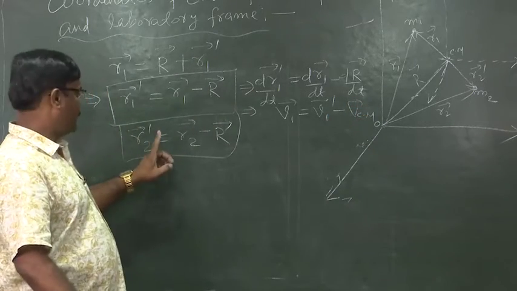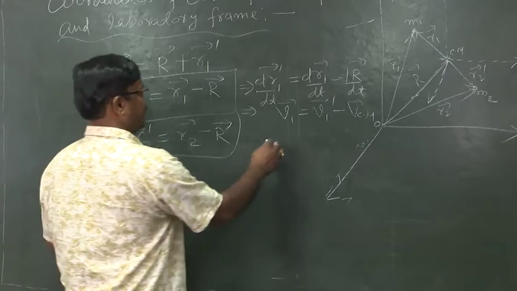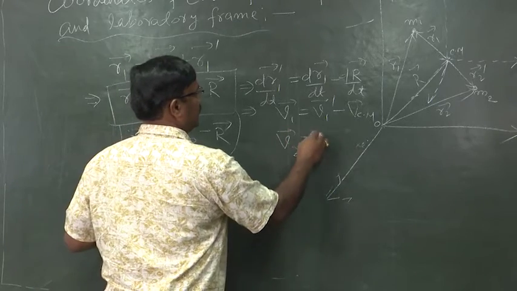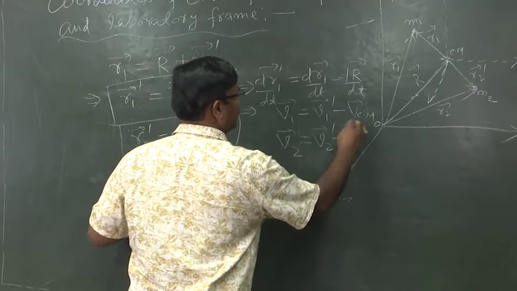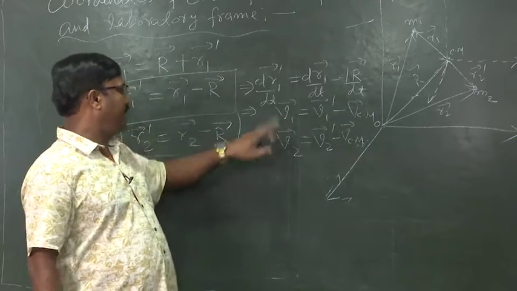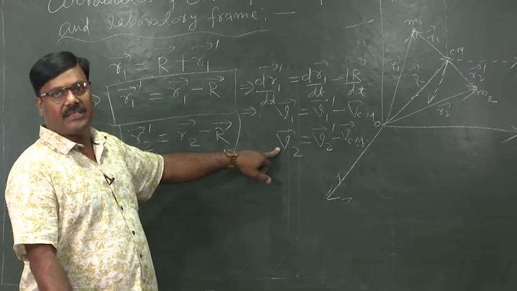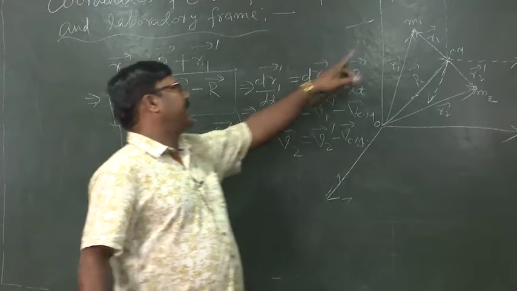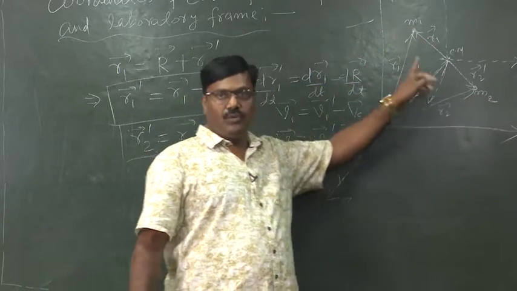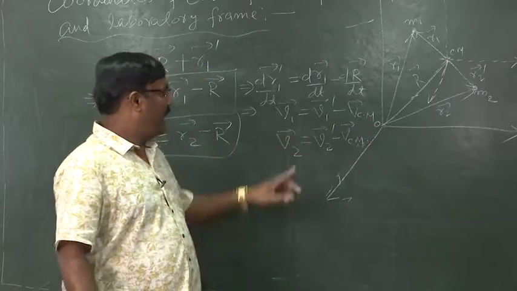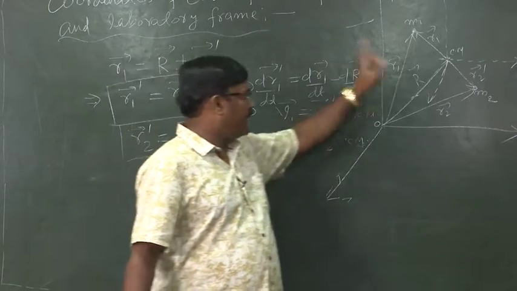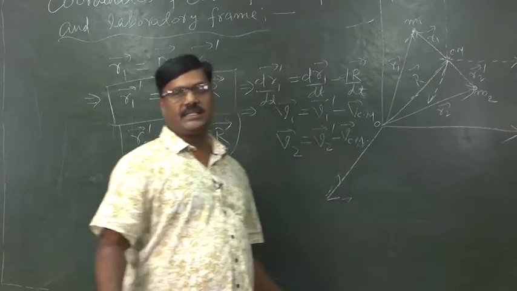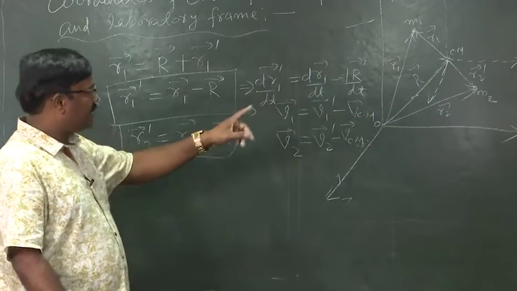Similarly, for the second particle, we can write v2 dash is equal to v2 minus v center of mass, where v1 and v2 represent the velocities of the particles of masses m1 and m2 with respect to the laboratory frame, and v1 dashed and v2 dashed represent the velocities of the two particles with respect to the center of mass frame.